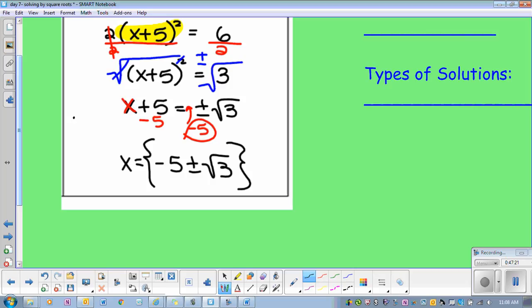Real. And how many? 2. Negative 5 plus the square root of 3 and negative 5 minus the square root of 3. Okay? All right. You guys are doing a really good job. One more.